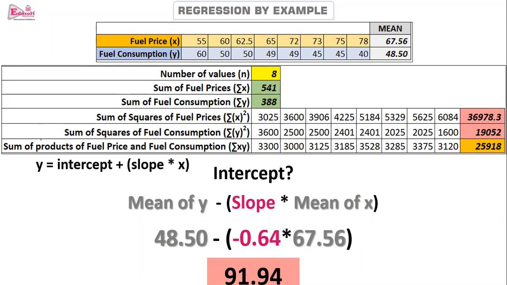The slope was already calculated, minus 0.64. They are multiplied. Finally, we have used the mean of Y, that is 48.50. After the calculation, we have got the intercept as 91.94, or you can say 92. So 92 is the intercept, minus 0.64 is the slope.